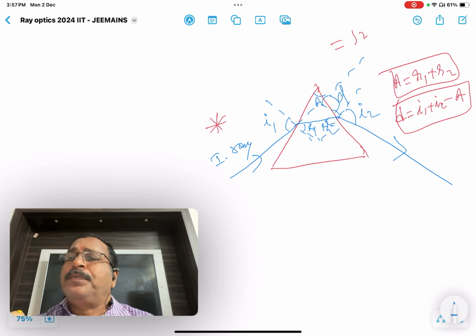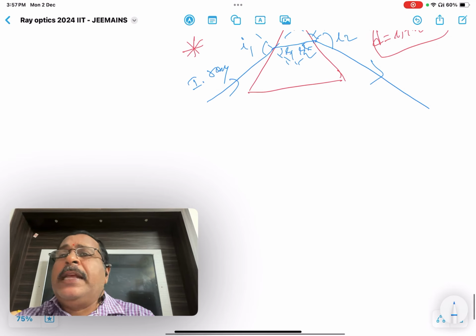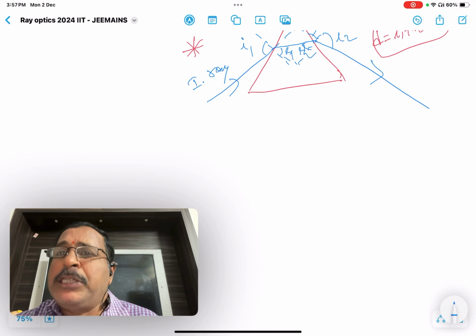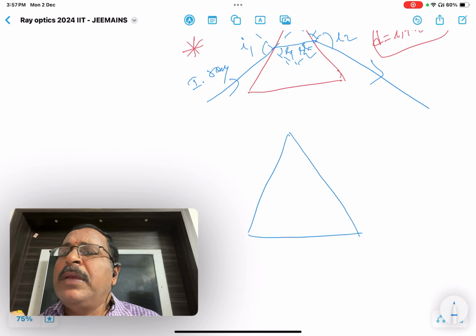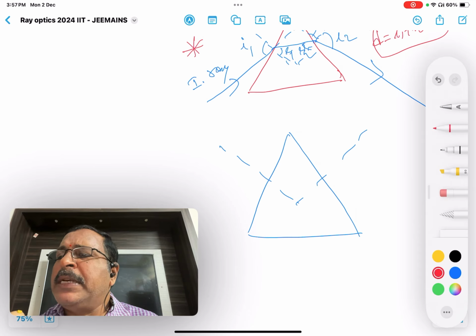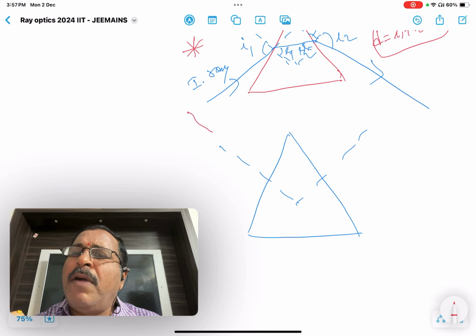Now, the best question we can expect in the entrance examination, that is the best model in prism. A ray of light falls normally on the first surface of the prism. A ray of light falls normally, in the sense I am representing with a red color pen, like this.